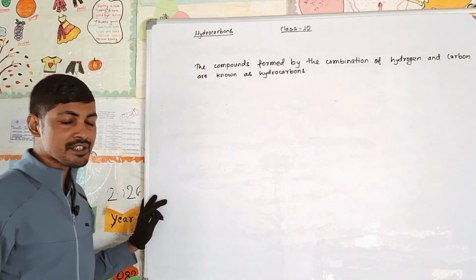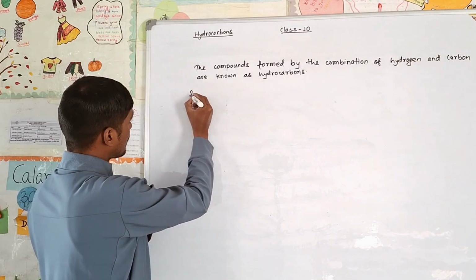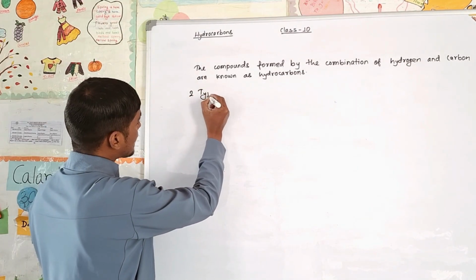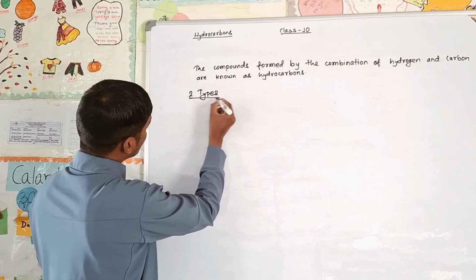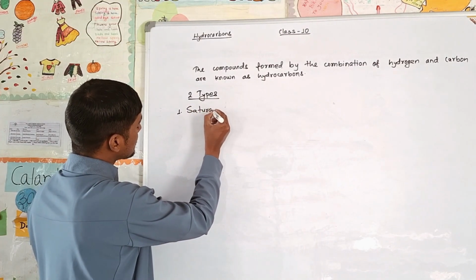Now these hydrocarbons are basically classified into two types. Number one, saturated hydrocarbons.